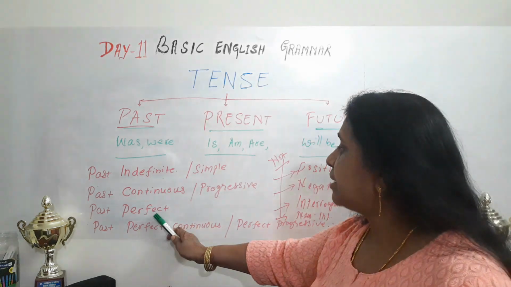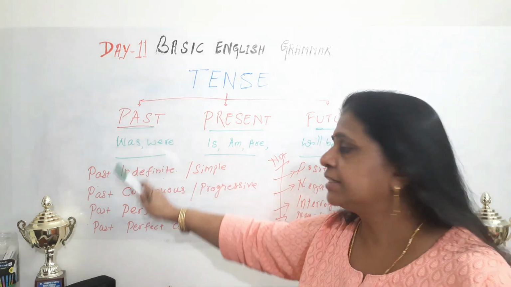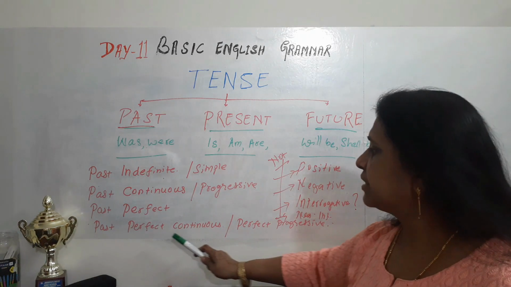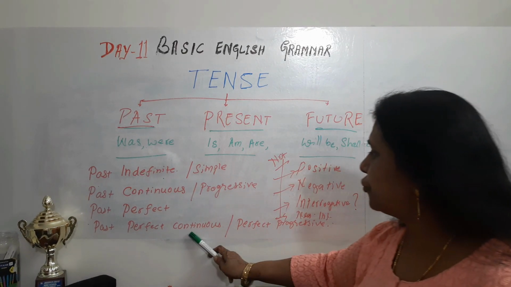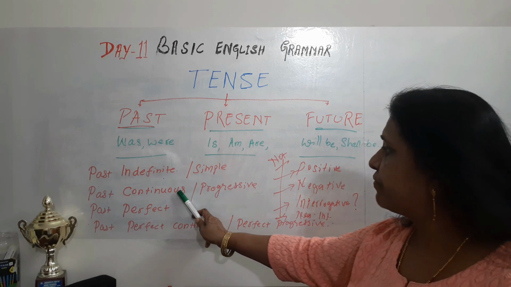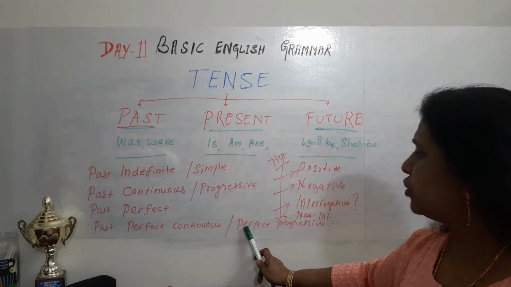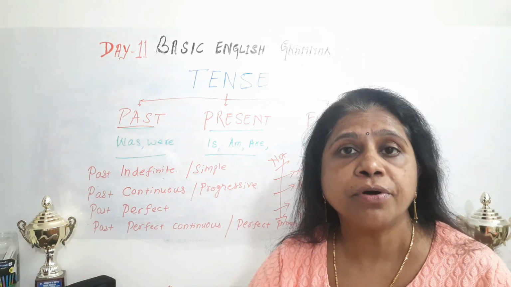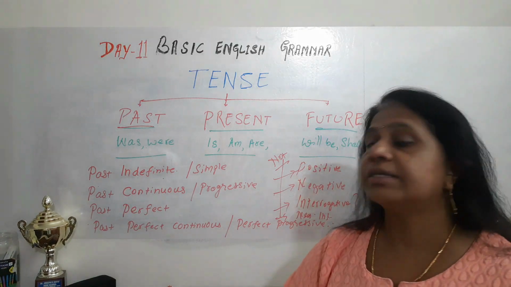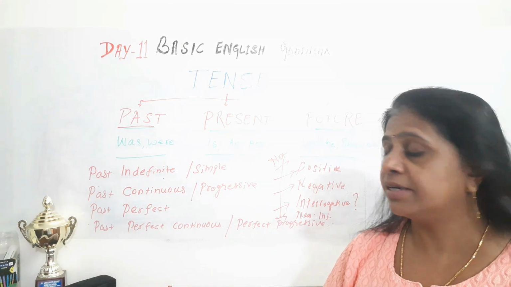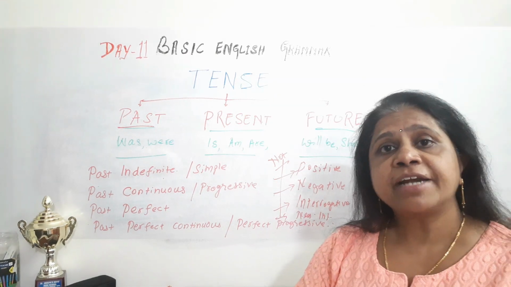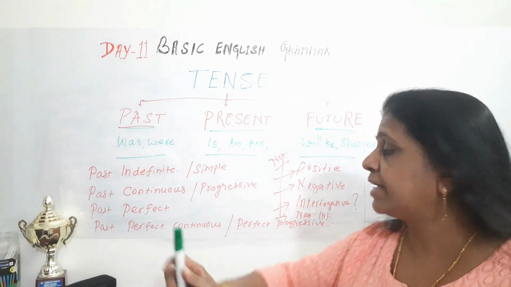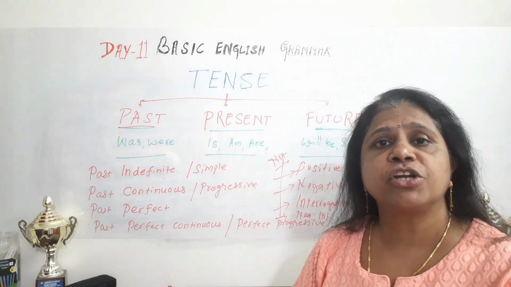So something is finished in the past, that is past perfect. And about past perfect continuous, continuous or progressive in the sense something is happening, going on, and perfect means something is completed. That means here the starting of an action is completed, whereas the action is still going on.